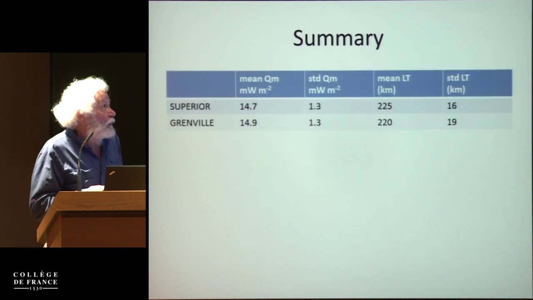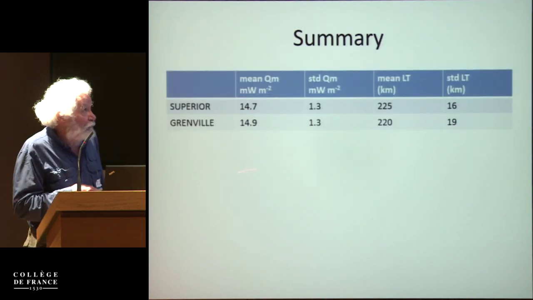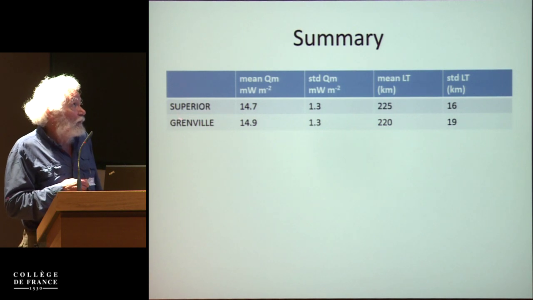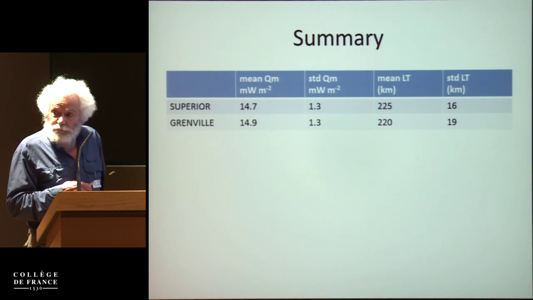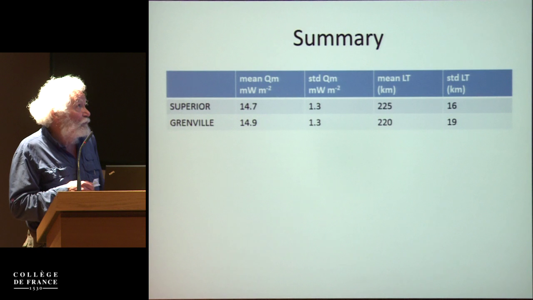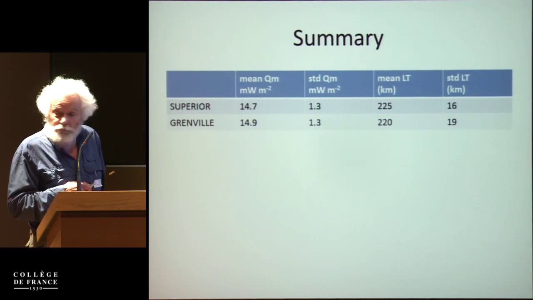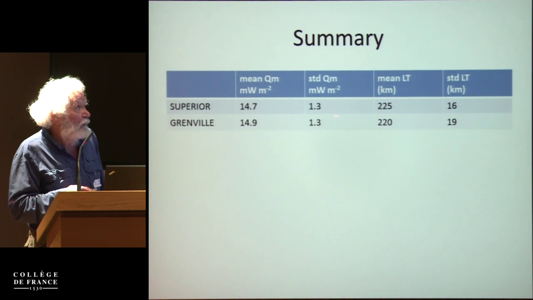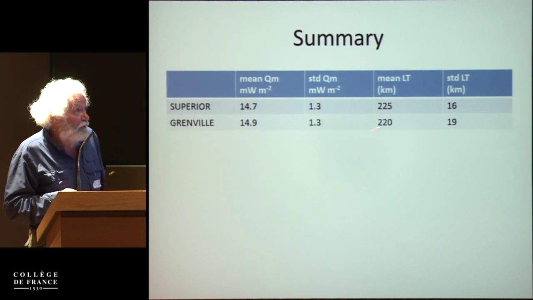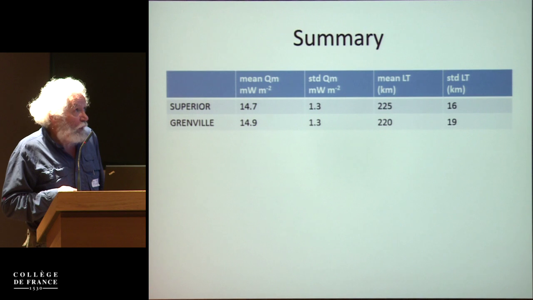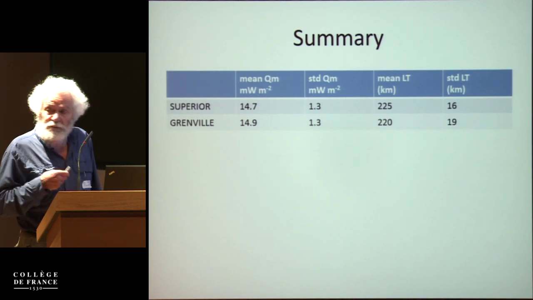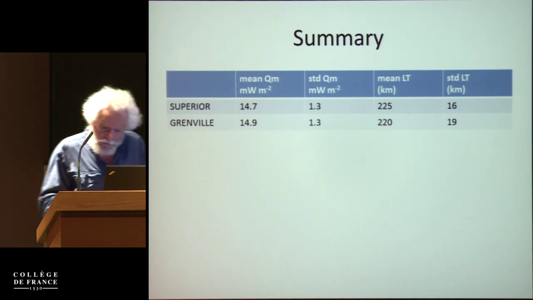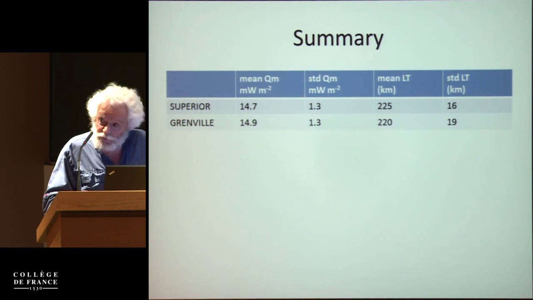We could do the same for the Grenville province. Not surprisingly, we have the same mean and standard deviation of mantle heat flux, and the same lithospheric thickness for both these provinces of the Canadian Shield.